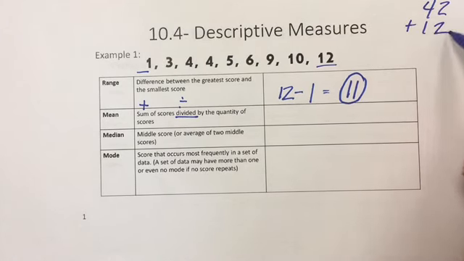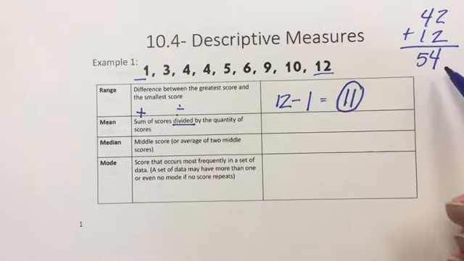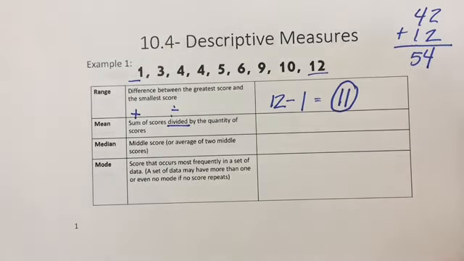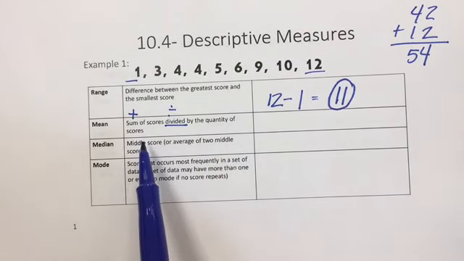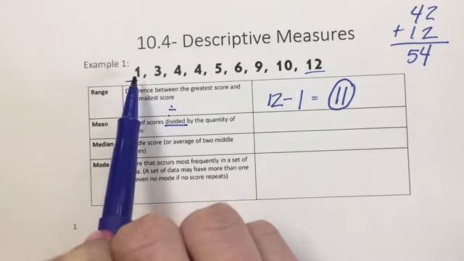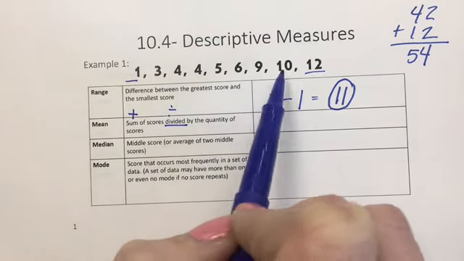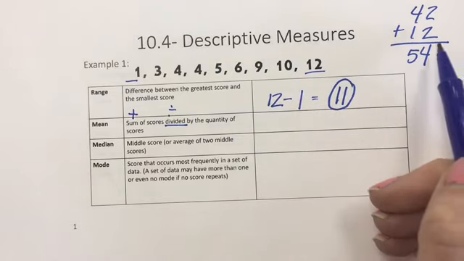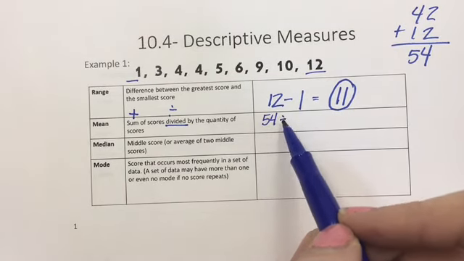What do we get when we add those up? We get 54, right? So that is not the mean. 54 is not the mean. It's just what we need to do to get there. Now we divide by the quantity of scores. So how many total scores are there? 1, 2, 3, 4, 5, 6, 7, 8, 9 scores. So we're going to take 54 and divide by the number of scores.